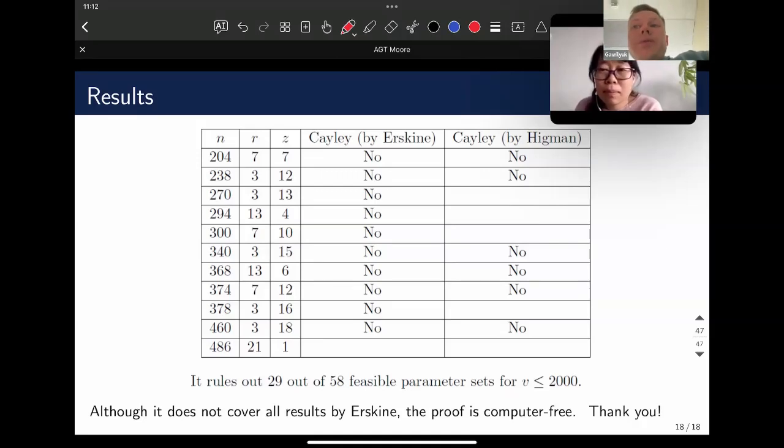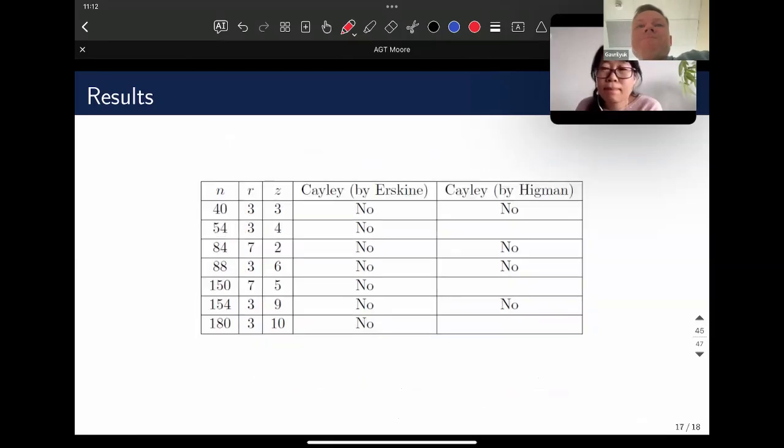So what's interesting is the order of the Bosák graph and the order of two Jørgensen graphs.